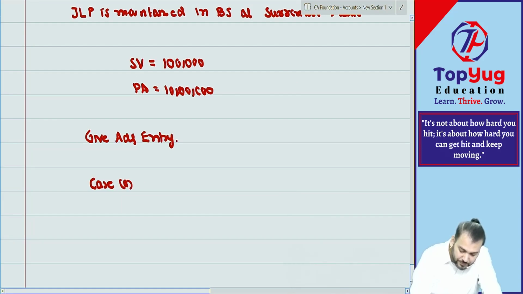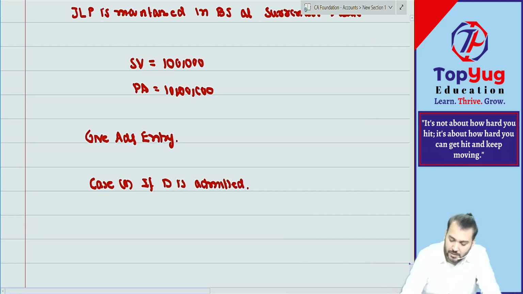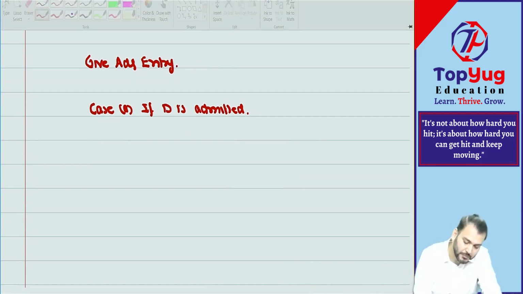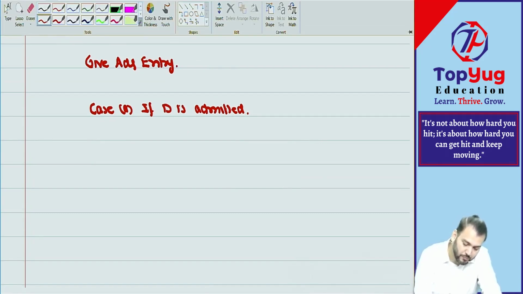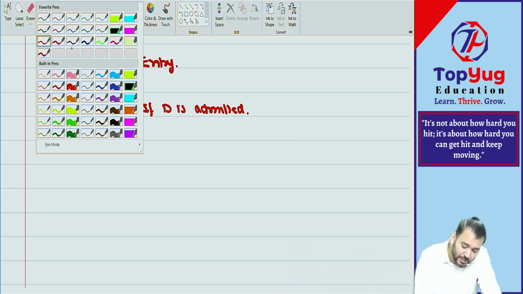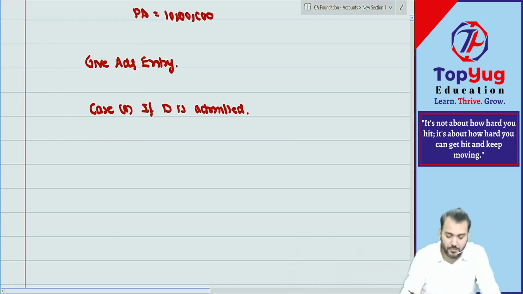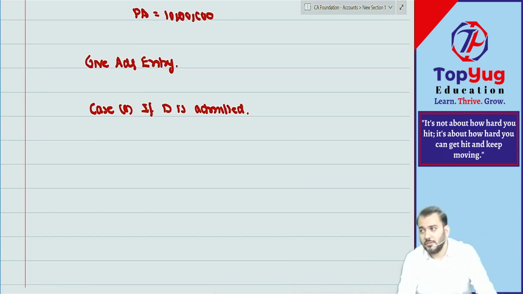Case A. If D is admitted, what you will do? Think and see. JLP account debit to ABC. What amount?